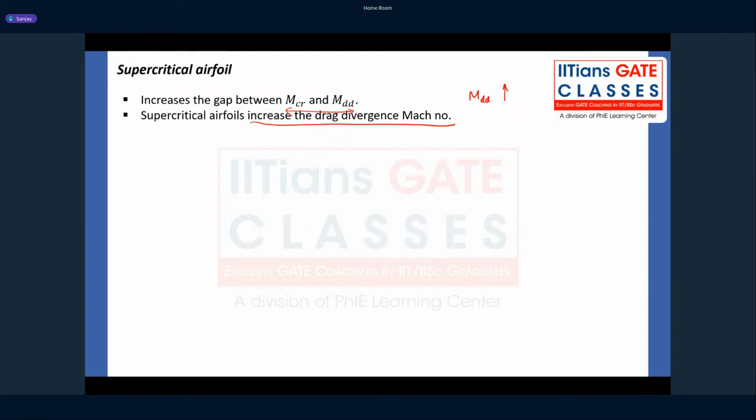Now, how does this aerofoil look? This supercritical aerofoil generally looks like this. It has a relatively flat top, and it has a highly cambered trailing edge, and there's a reason why they have made it like that.